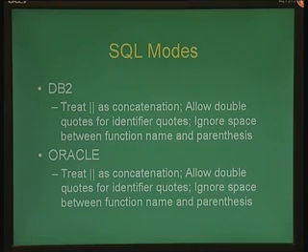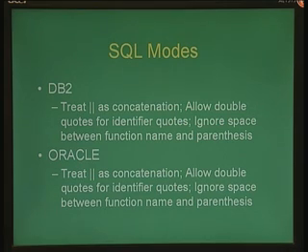Similarly, there are other SQL modes. For example, you can say mode equal to DB2 or mode equal to Oracle, which supports some kinds of parsing implications that are compatible with the way IBM DB2 works or the way Oracle databases work. For example, both of these modes have more or less the same implications.